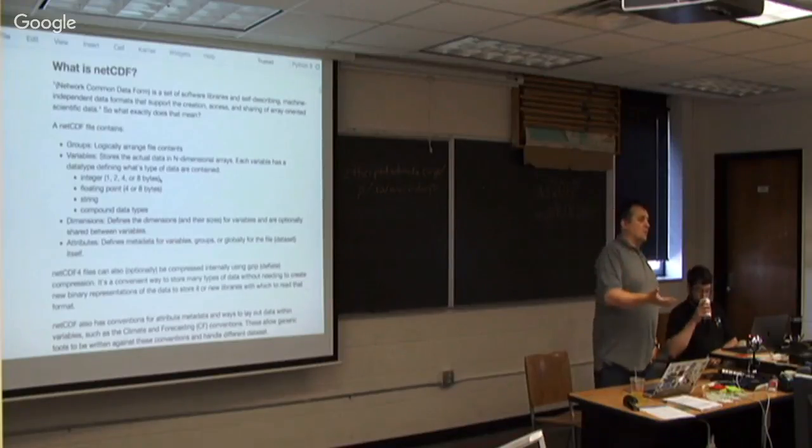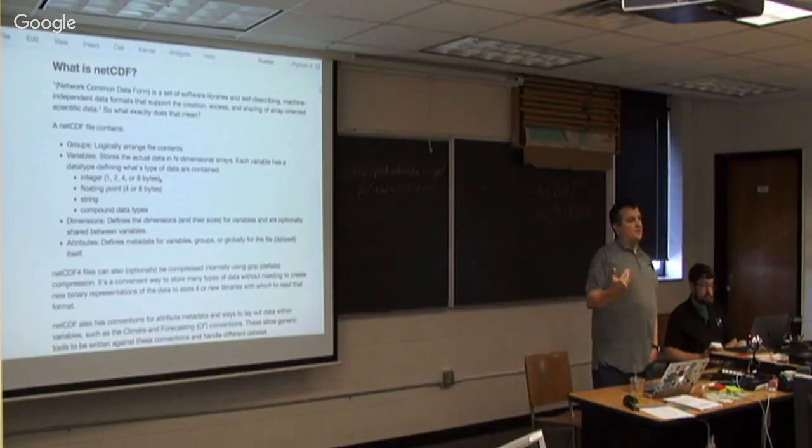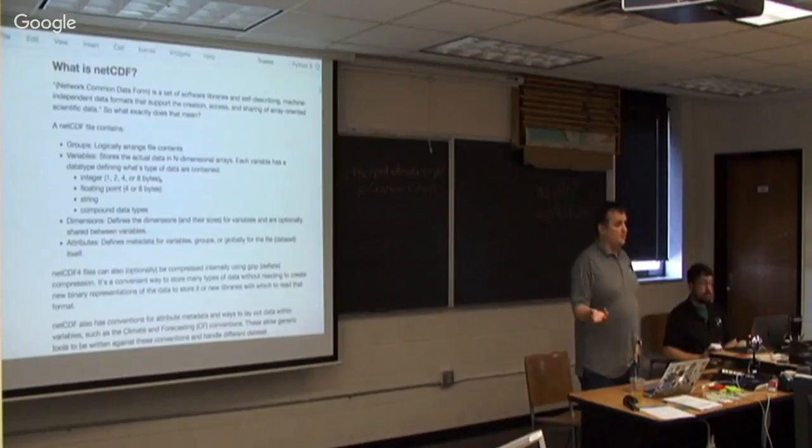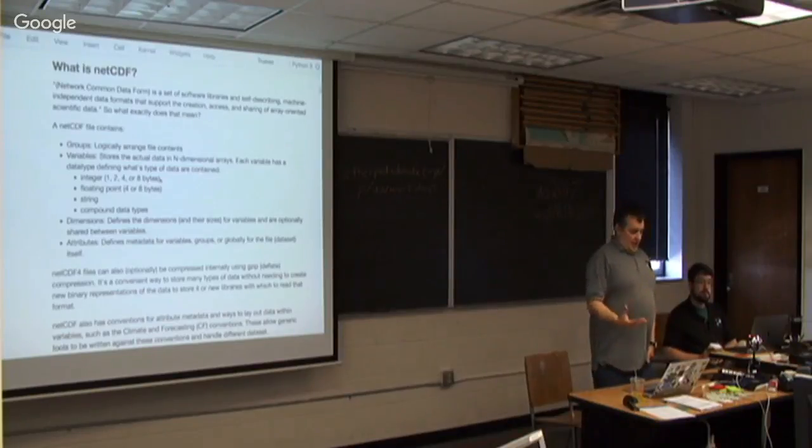In addition to the n-dimensional array data, you have attributes attached to it, as well as attributes at the global file level that allow you to store metadata about what's in the file. That can be who created it, or units on particular fields within the file, things like that.